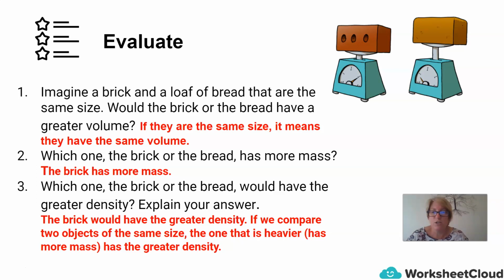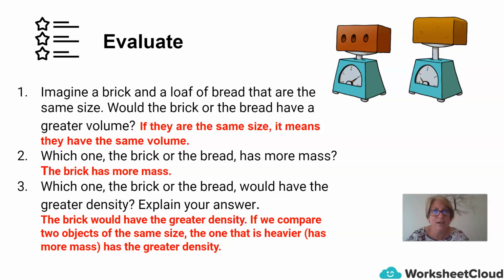And the last question, question 3, which one, the brick or the bread, would have a greater density? And are you able to explain your answer? So the brick would have a greater density, because if we compare the 2 objects of the same size, so the volume in each case is the same, the one that is heavier has more mass, so therefore its density is greater.